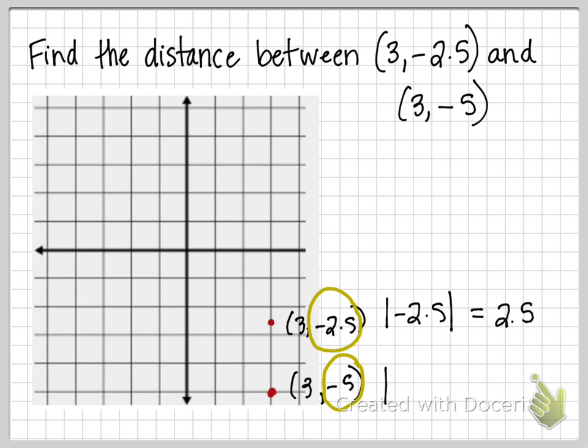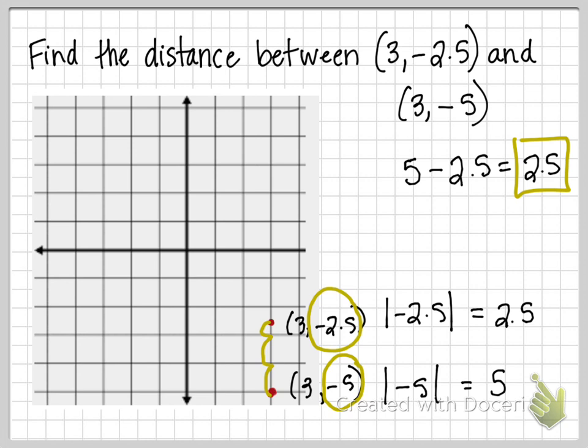What's the absolute value of -5? 5. Remember, when we subtract, we do the bigger number minus the smaller number to find the distance. 5 minus 2.5 is what? 2.5. So the distance between these 2 points is 2 and a half units.